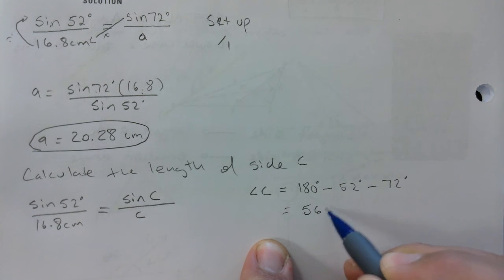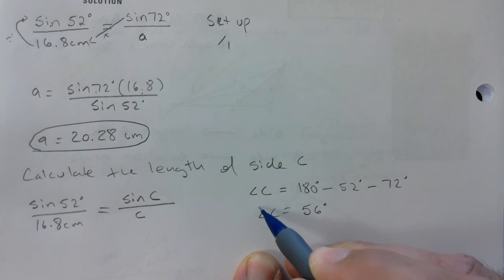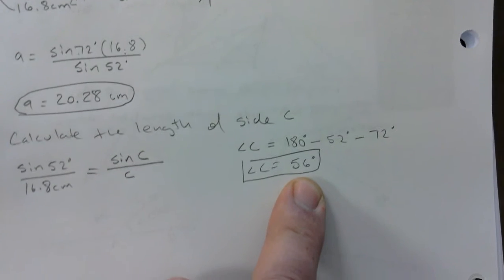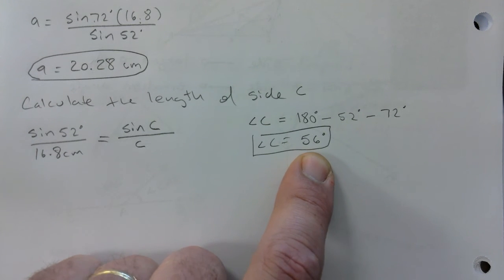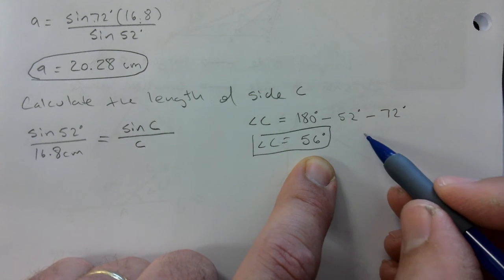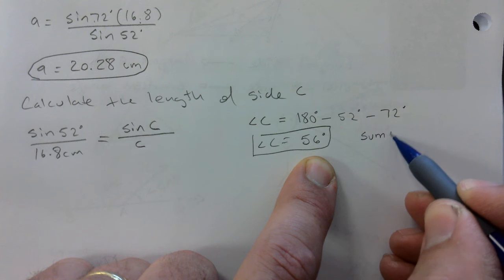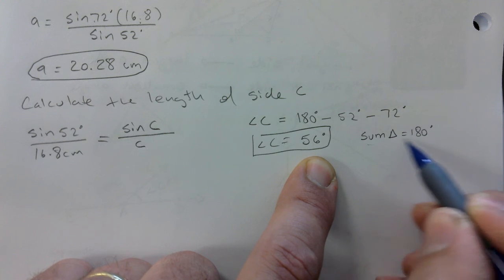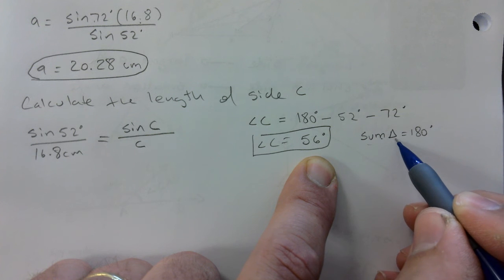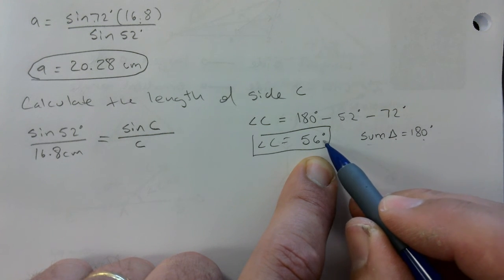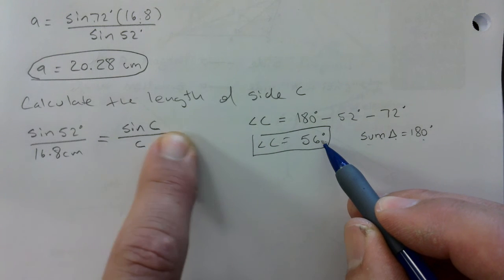So that is what, 56 degrees? I have my key here, so I know that it's 56. So you had to do an extra step. This is the property that I used: the sum of the angles in a triangle is equal to 180. And now I know C, right?